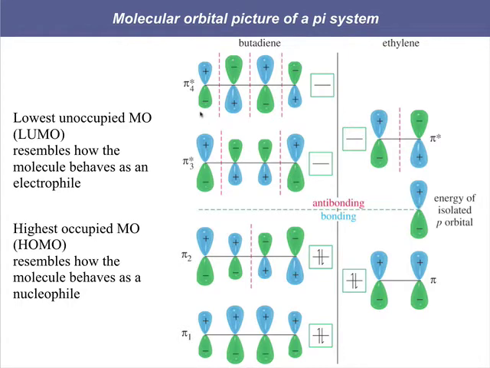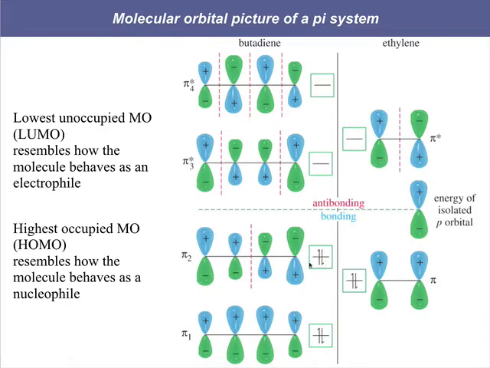Now remember, since we had 4 carbons, each one contributing an orbital and 1 electron, we have 4 electrons that we get to fill in. So those 4 electrons are going to fill again from bottom to top. We're going to have 2 in the lowest orbital and then 2 in the next highest.